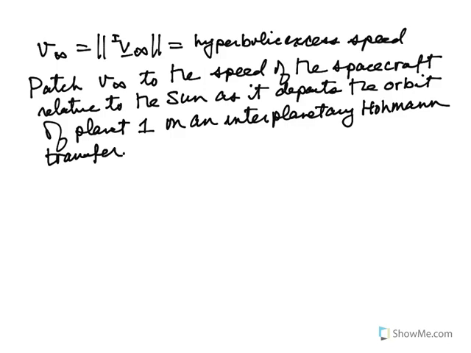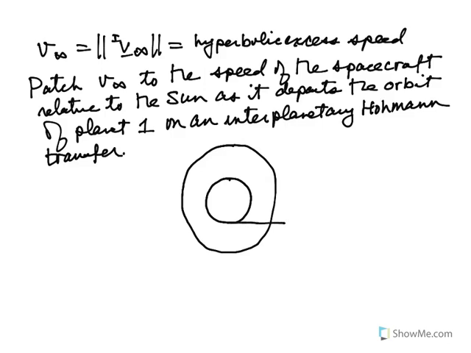If you remember, when we did an interplanetary Hohmann transfer, with these two orbits, this is the orbit of planet 1 and this is the orbit of planet 2, that first delta V, call that delta V1I, put the spacecraft onto an elliptic transfer orbit that made its way to the orbit of planet 2. So these two circles are the orbits of planet 1 and planet 2.